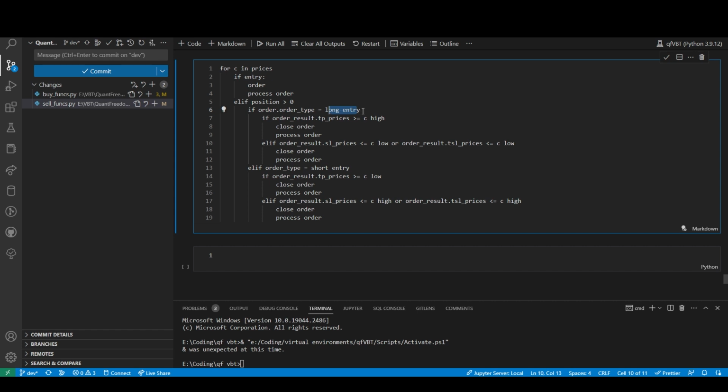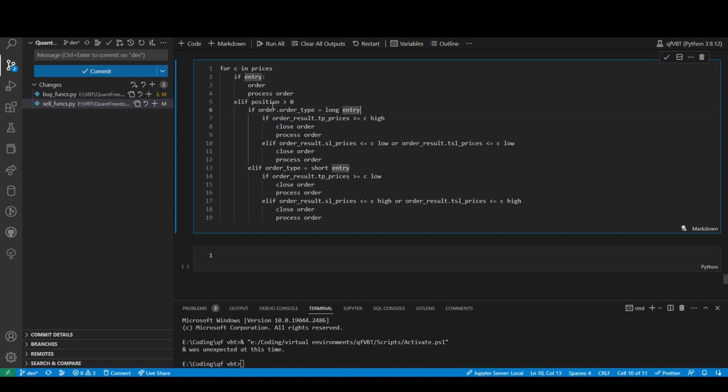Oh wait. And order dot... Well, this if right here is basically the same thing as saying and. So if it's a long entry, well, maybe we need to have this actually first.